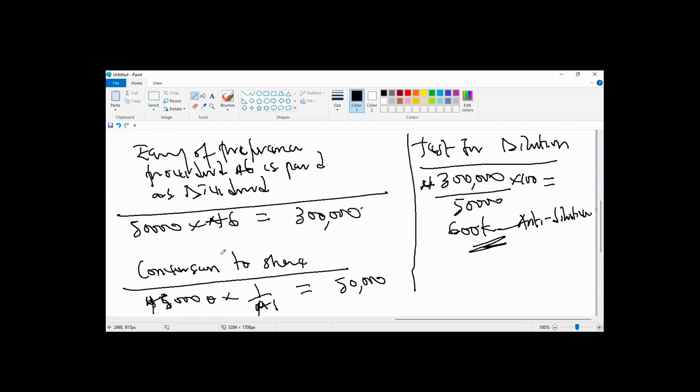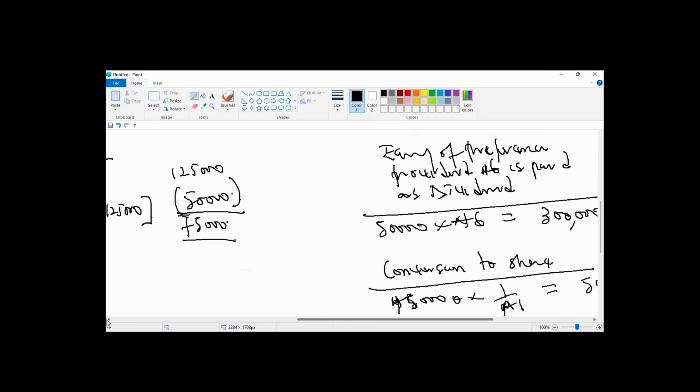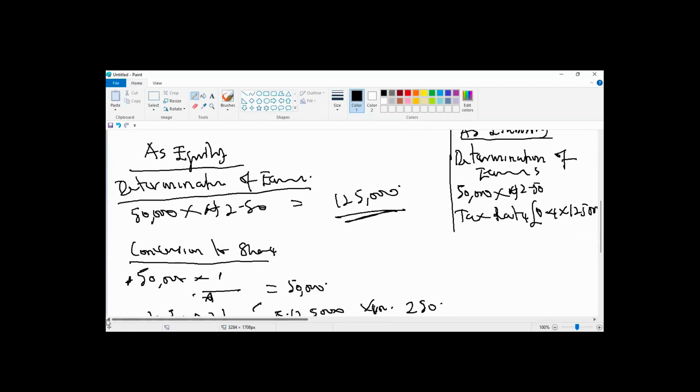The B part of the question, I cannot solve. All other ones remain the same, except for the previous years.